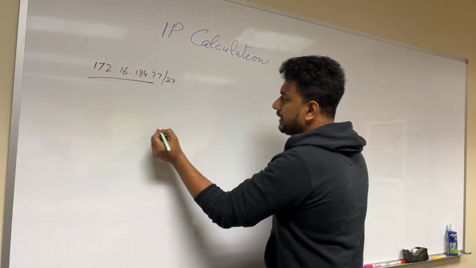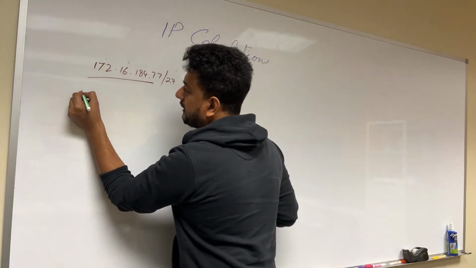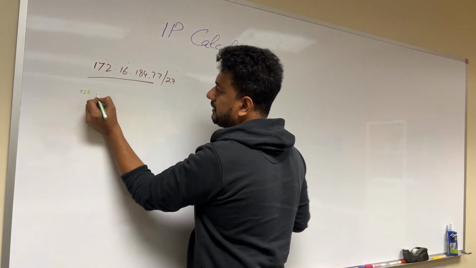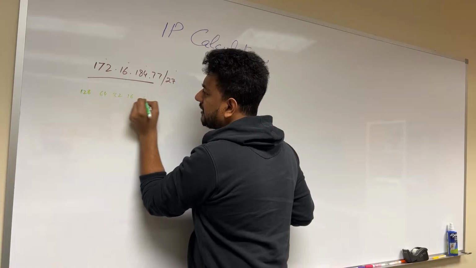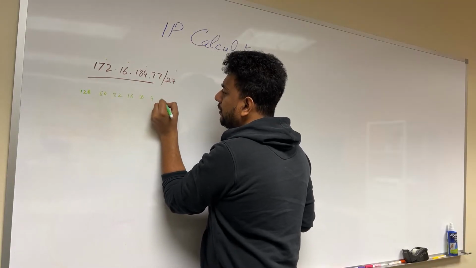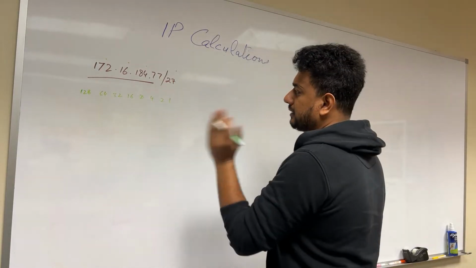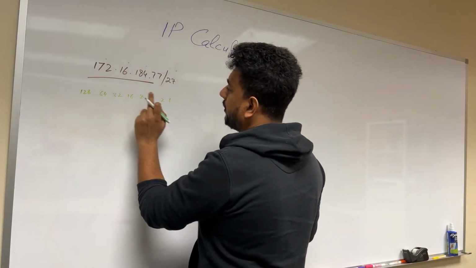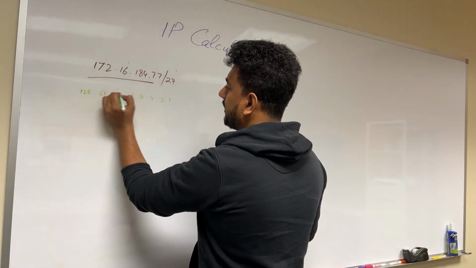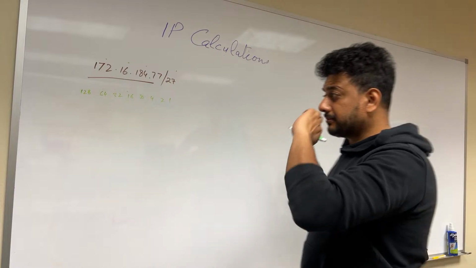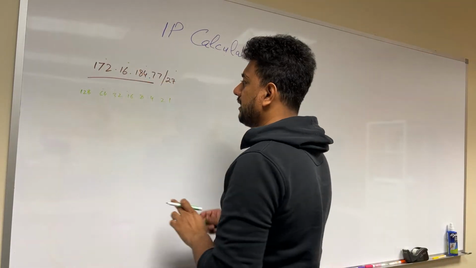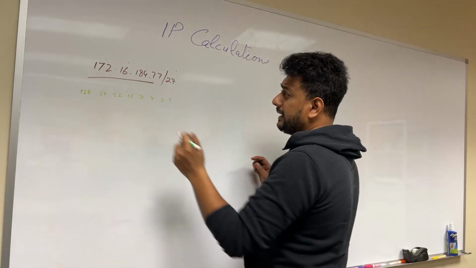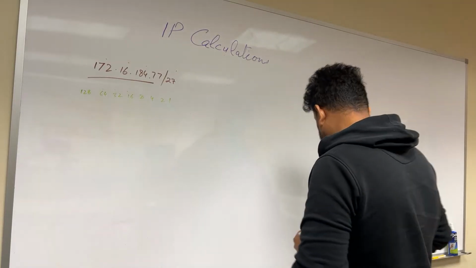So make sure you type this table: 128, 64, 32, 16, 8, 4, 2, 1. Or you can start from the other side, 1, 2, 4, 8. Those should be 8 columns, as I told you, every portion has 8 bits.